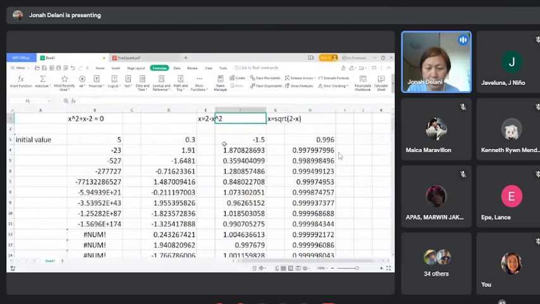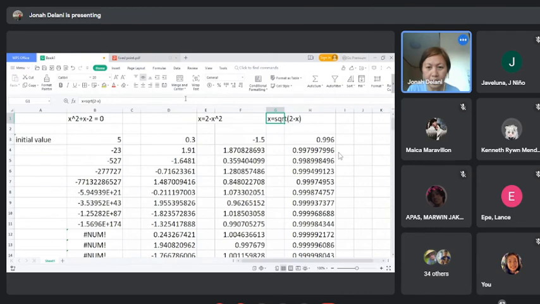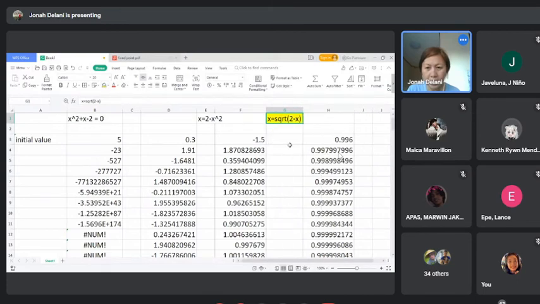So in this case, the right fixed point form is this. What is it? Square root.